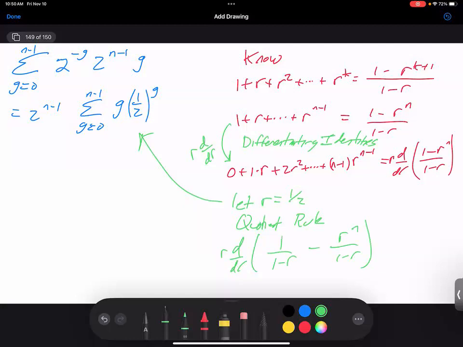When I write it like that, I don't really think this r to the n over 1 minus r is going to matter. Because when n is very, very large, this term is going to have an extra factor of r to the n. And so when I differentiate and do all the stuff, everything is going to have at least an r to the n or an r to the n minus 1. And then when I put in 1/2, it's going to be so much smaller than this piece over here that I think I can basically just ignore this. And this will give me the main term.